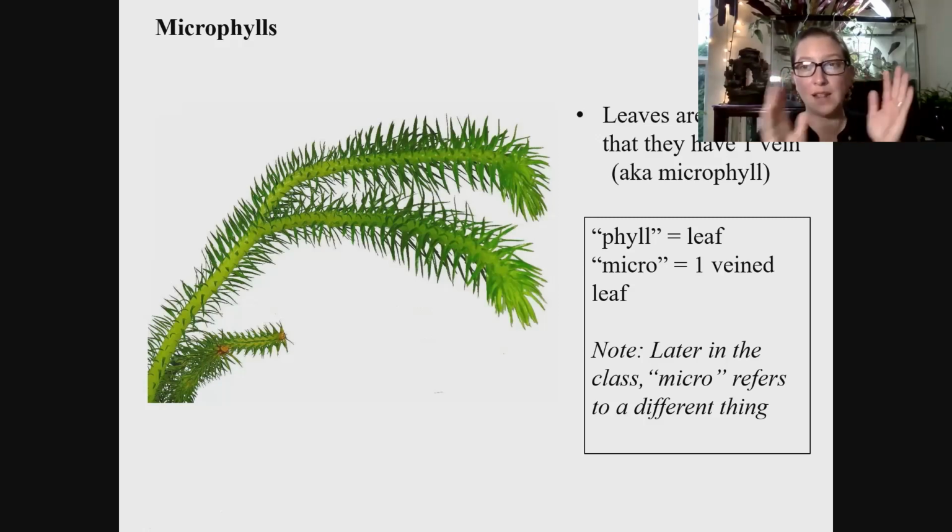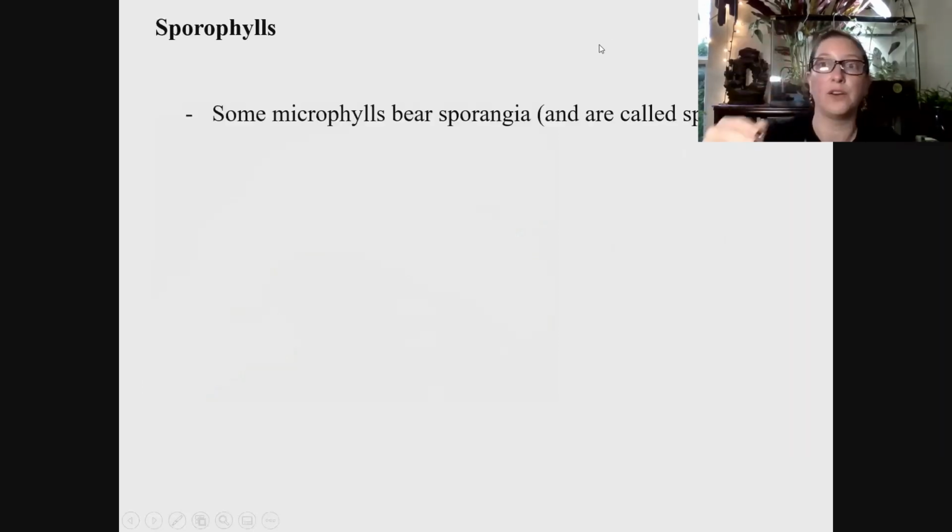So try to keep that in mind and pay real attention to detail when we switch to that next thing. So microphyll means a simple leaf with one vein. That's what microphyll means. Write it down and underline it somewhere.